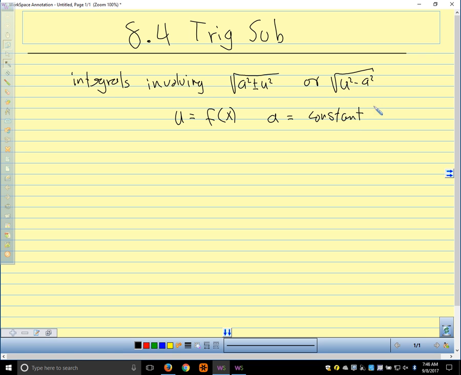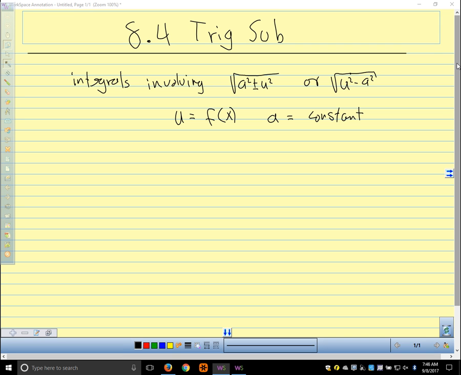The nice thing about this is it turns this expression that involves a radical quantity into a function of an angle. And then we have some other tools to work with those angles.